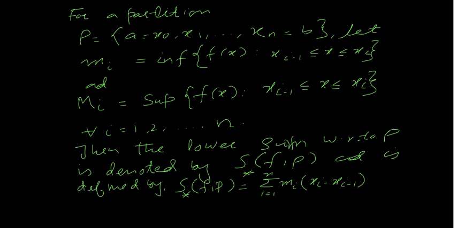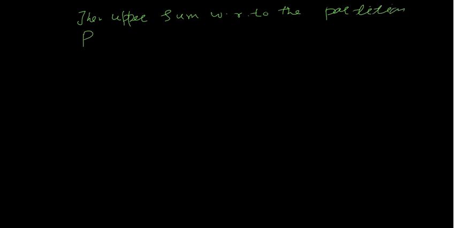This is the lower sum, and we have the upper sum also. Where f is a bounded function from the closed interval [a, b] to R. Sorry, I didn't mention it here.